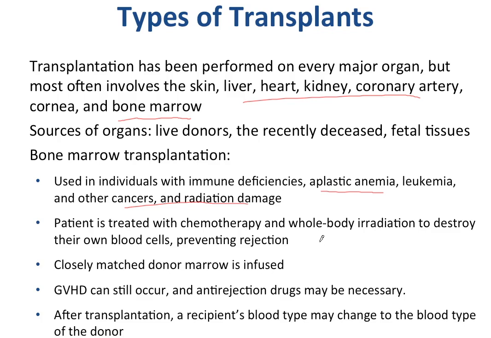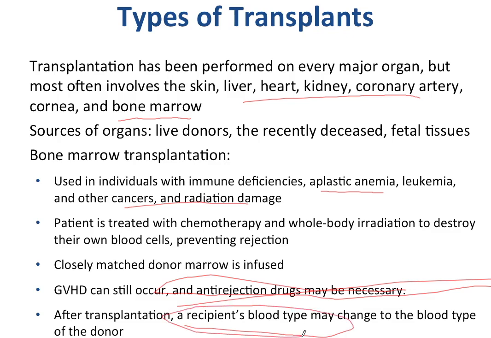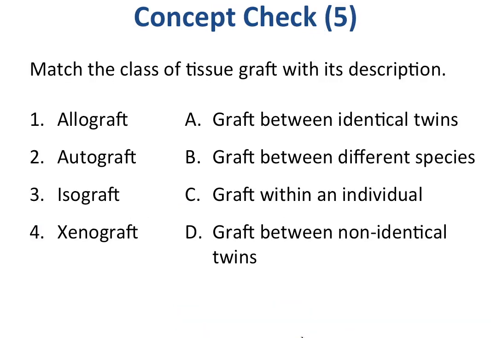Rejection can still happen, so normally we use anti-rejection medication to protect the graft organs. After transplantation, the recipient's blood type may change to the donor's blood type. Now let's do this match. I gave you 5 seconds.